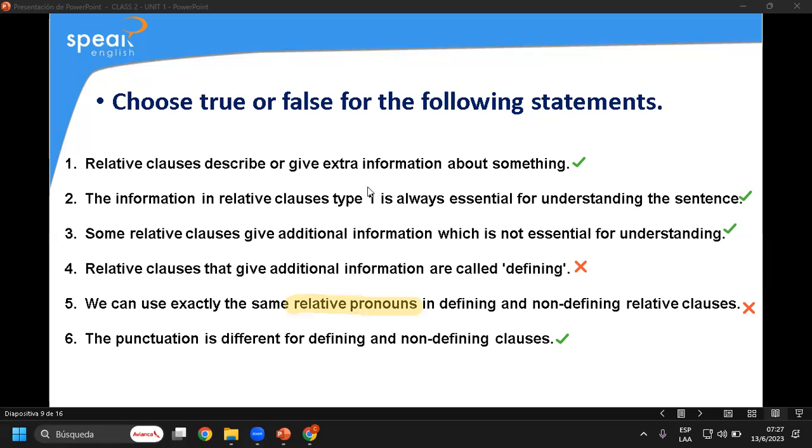Type 1, defining, where we provide essential information. Type 2, non-defining, is just extra information. We can omit it and we put it between commas. That's all. Is that clear? Yes? Any questions?